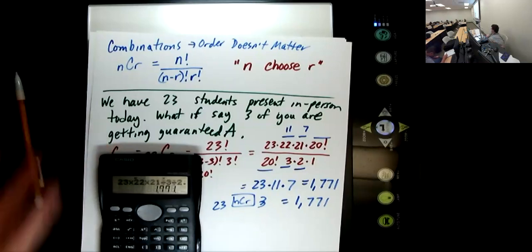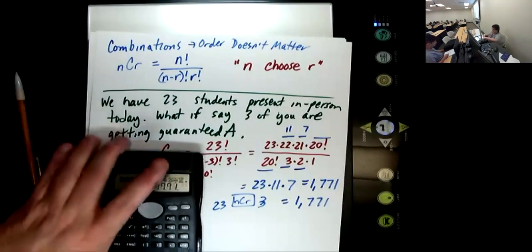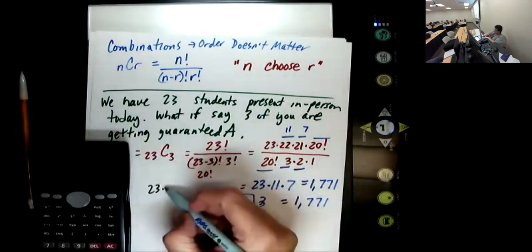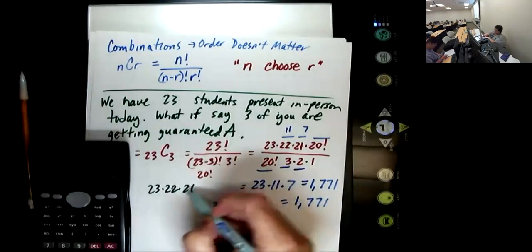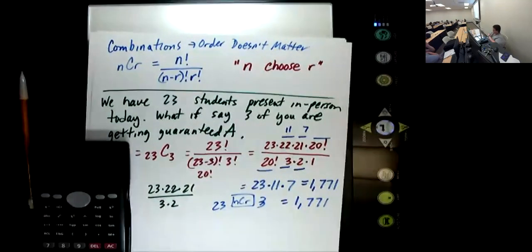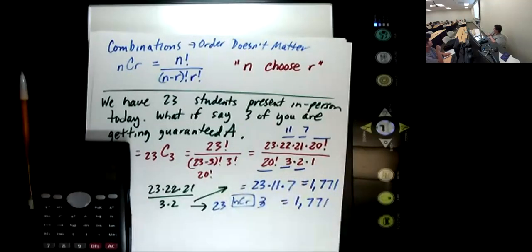So you didn't need to cancel like I did. Point is, you could do this in a calculator. But I'll write that over here. If I didn't simplify, it's 23 times 22 times 21 over 3 times 2. You do that in a calculator, you're going to get the same thing for any of these combinations in the calculator.